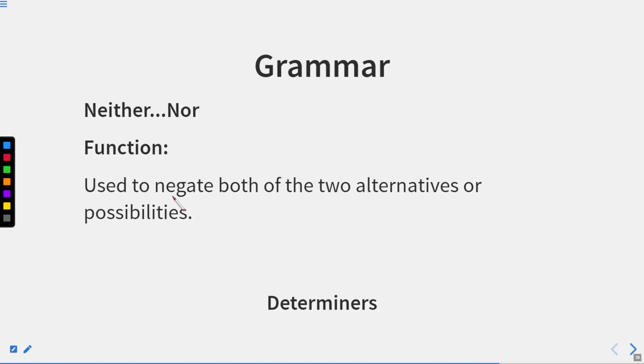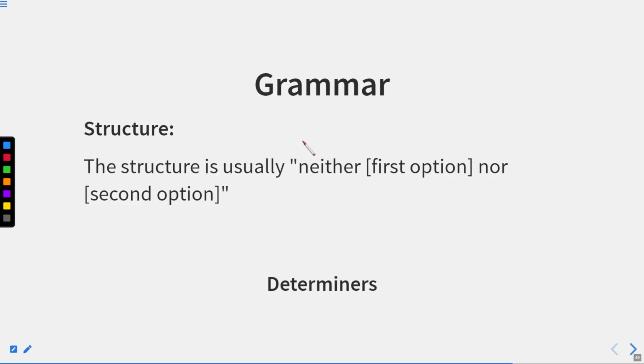Neither nor is used to negate both of the two alternatives or possibilities. The structure is usually neither first option nor second option. Now this thing should be kept in mind. If we are using either or, the first option should be just after either and the second option just after or.